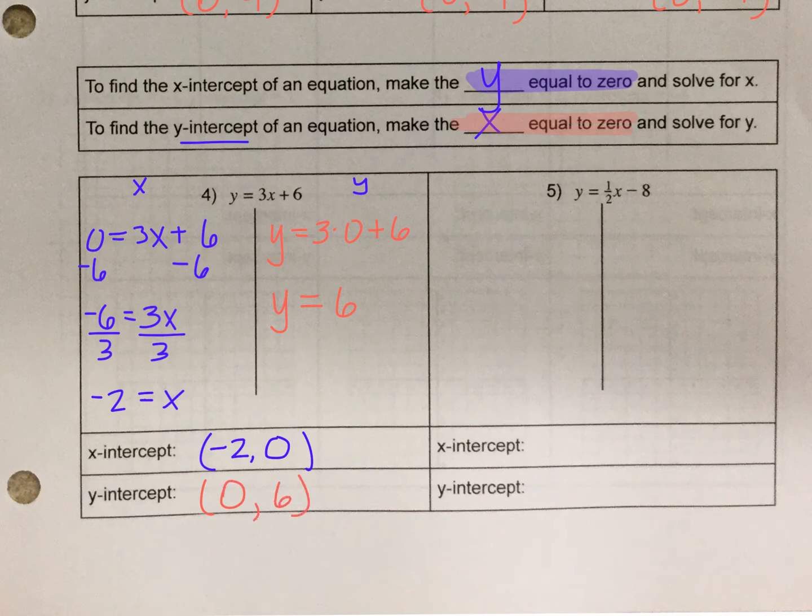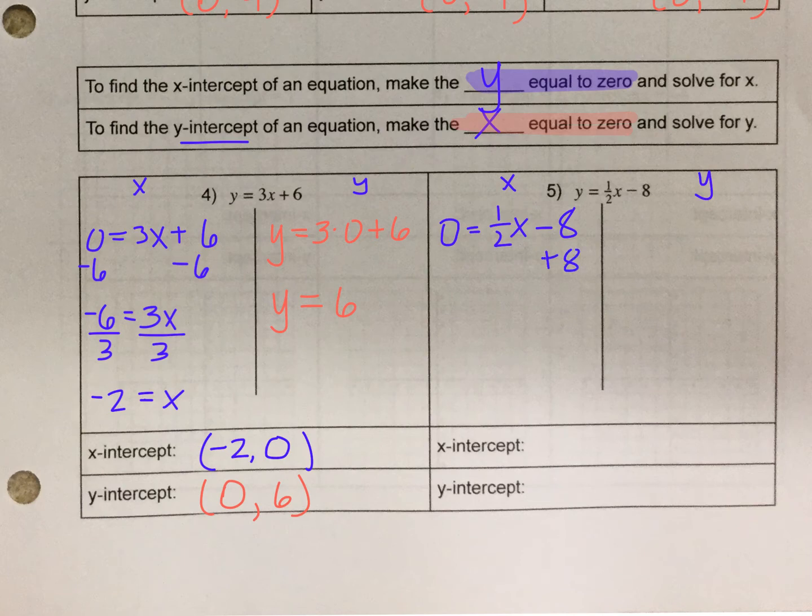Let's do one more practice. I'm going to have an x and a y. To figure out the x, I make the y 0. I'm going to rewrite the problem. y equals 1/2 x minus 8. Instead of a y, I write a 0.